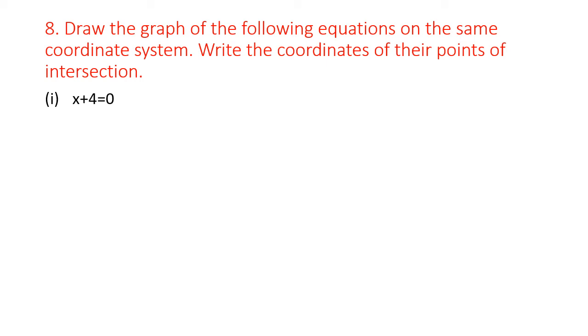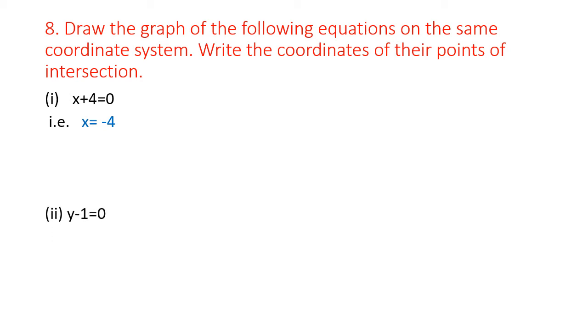But since only one variable is there, such equations have lines parallel to either the x-axis or the y-axis. So if I solve this, I get x is equal to minus 4.